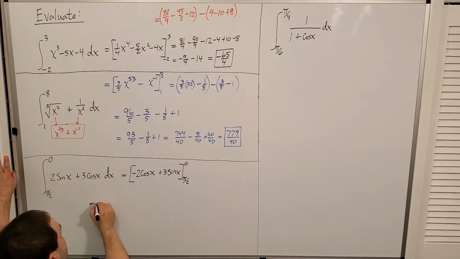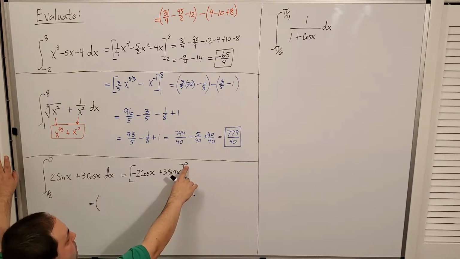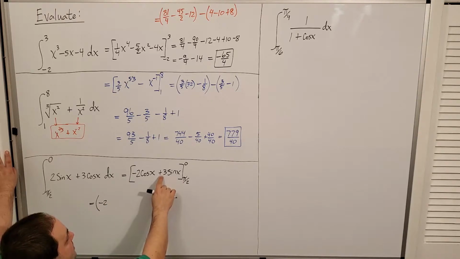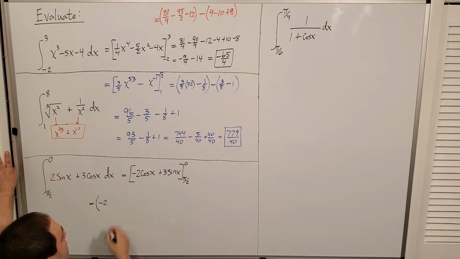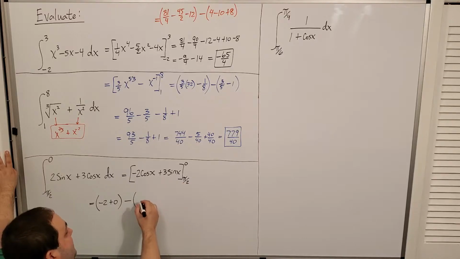All right, so then this is equal to, I have negative 2 cosine of 0. Cosine of 0 is 1. So that's just negative 2 times 1. Plus 3 times sine of 0, which is 0. 0 times 3 is 0. Minus pi over 2. Cosine of pi over 2 is 0.